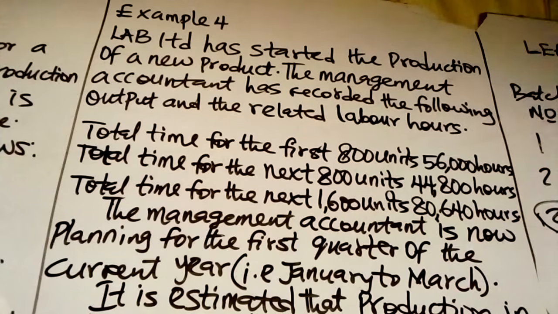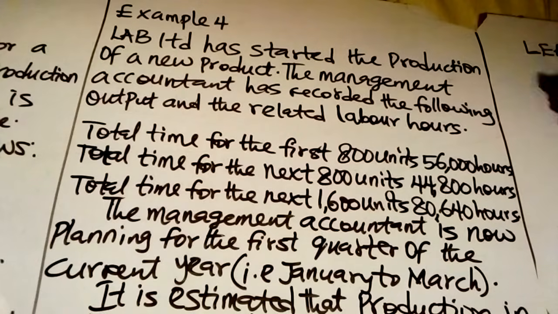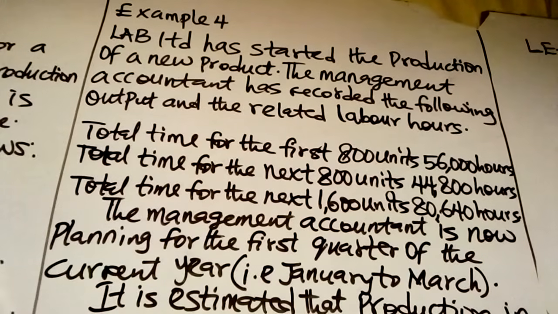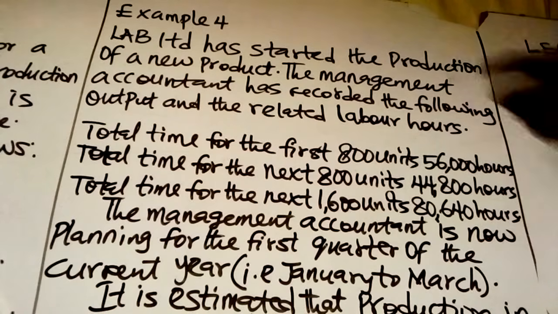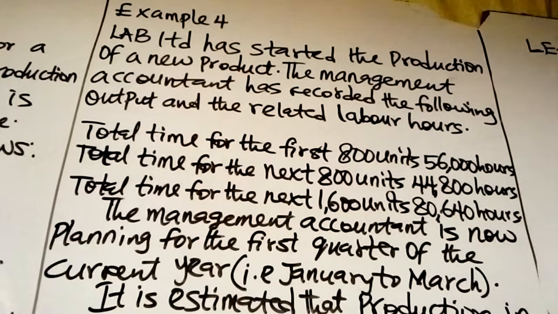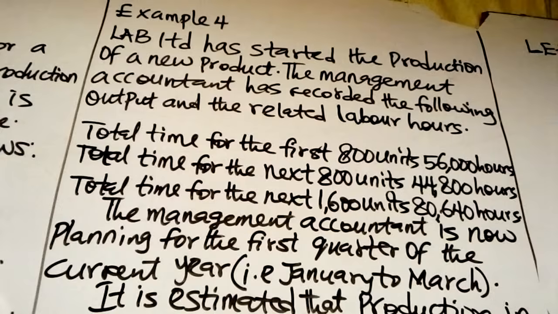So the question: Lab Limited has started production of a new product. The management accountant has recorded the following output and the related labor hours.